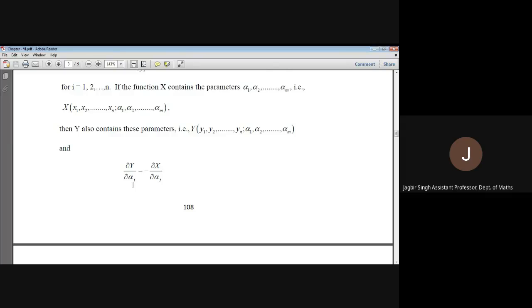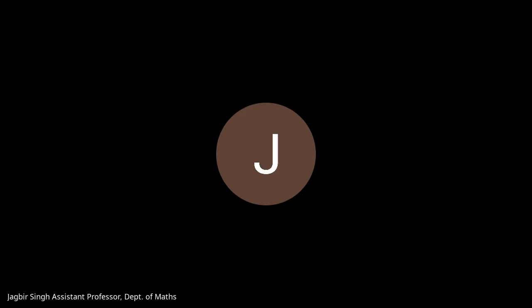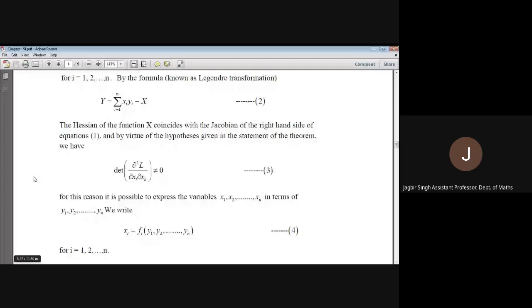Now, when we express xi as a function of y1, y2, yn and alpha 1, alpha 2, alpha m, and replace all these xi's into the expression for y in equation number 2, then y will also contain alpha 1, alpha 2, alpha m.